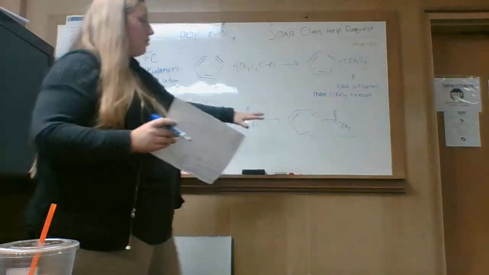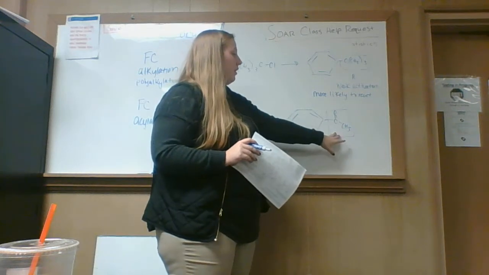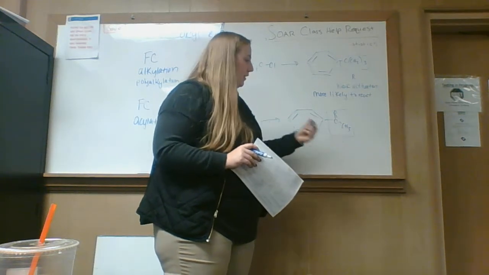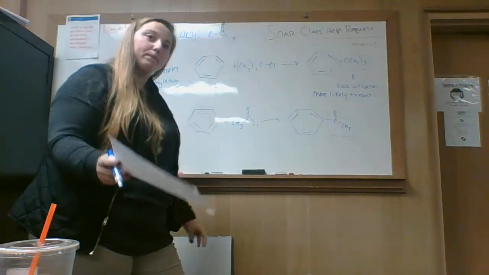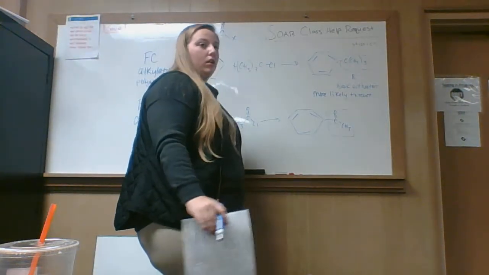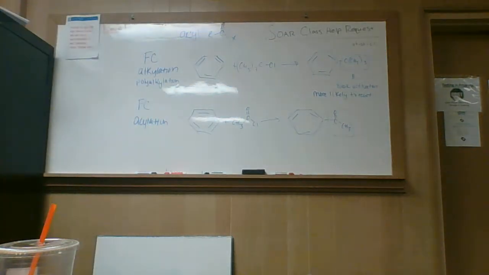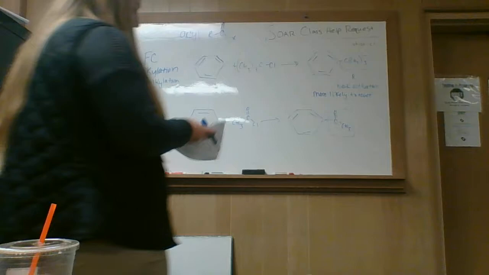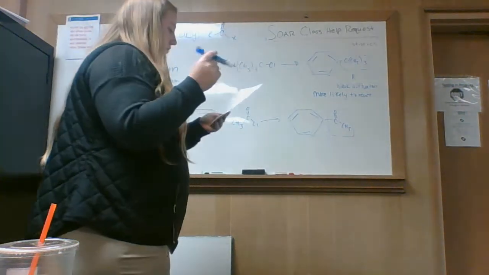So looking at this group here, even if you don't have it memorized, is this an ortho, para, or meta director? Meta. Okay, how do you know that? I just remembered that the carbonyl with the R is deactivated. Exactly, yes. This might be in a different chapter, chapter 16.